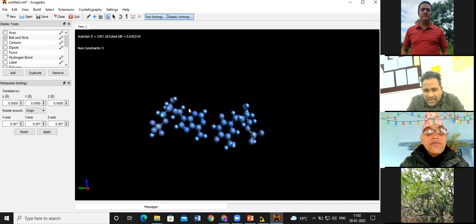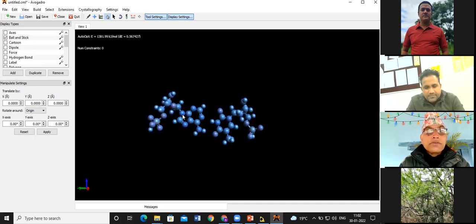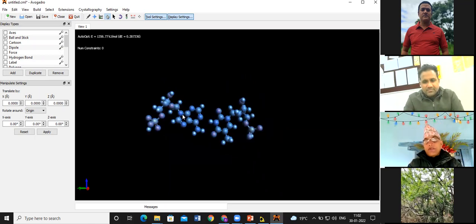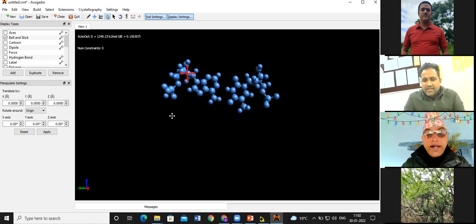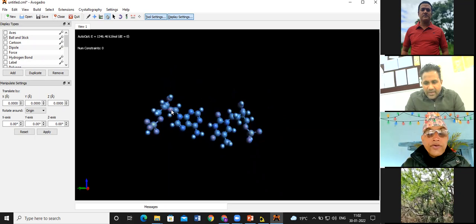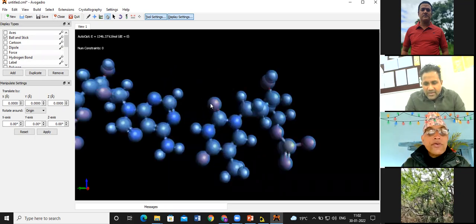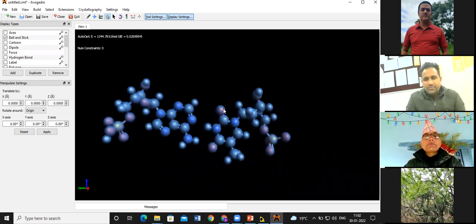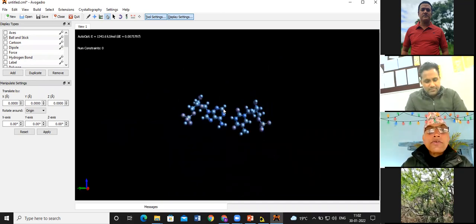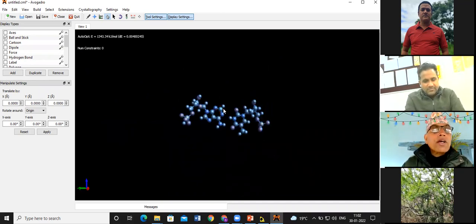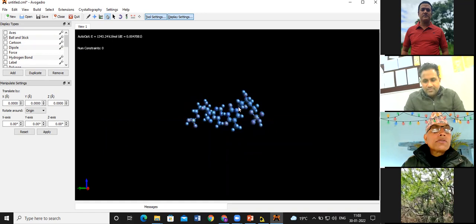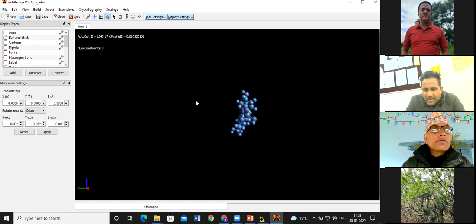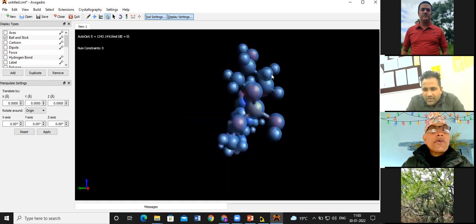This is the DNA molecule you can see. You can make it like this one. Here you can see it very easily.